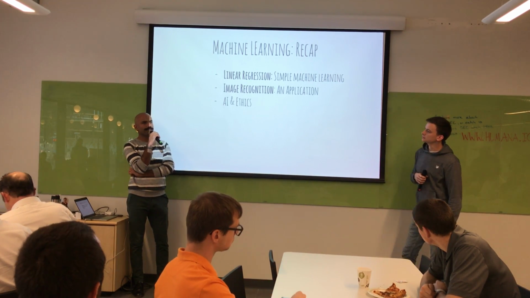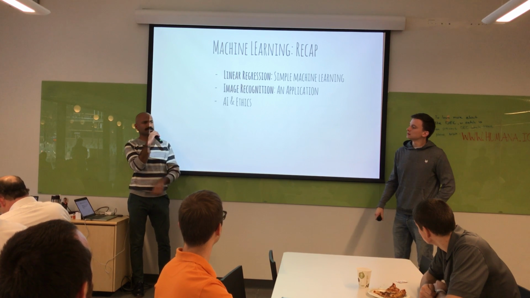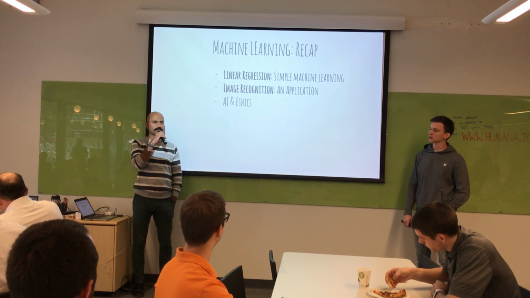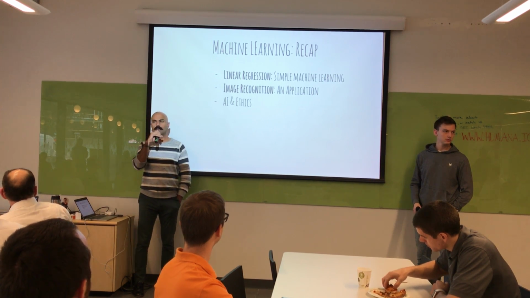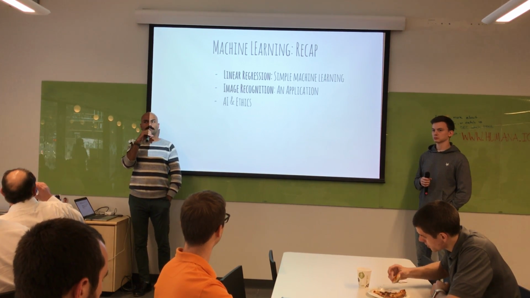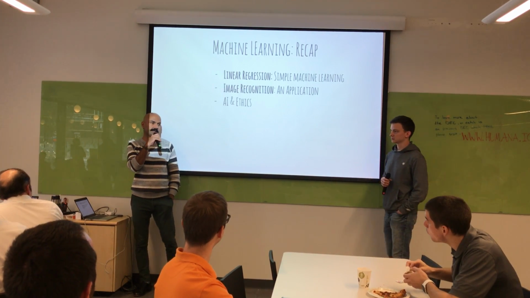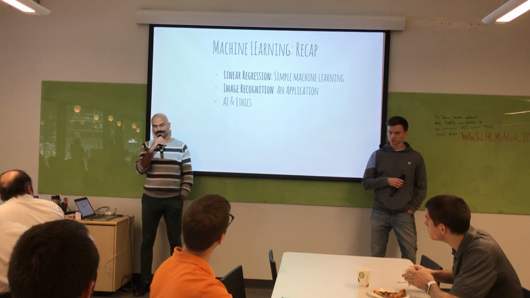And then we talked about AI and ethics. There's definitely a debate going on about what is right and wrong, should AIs be allowed to represent humans, and if so, in what capacity, and our interaction with machines.